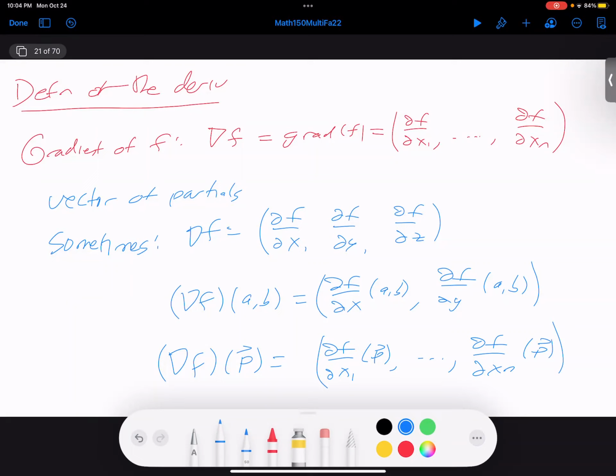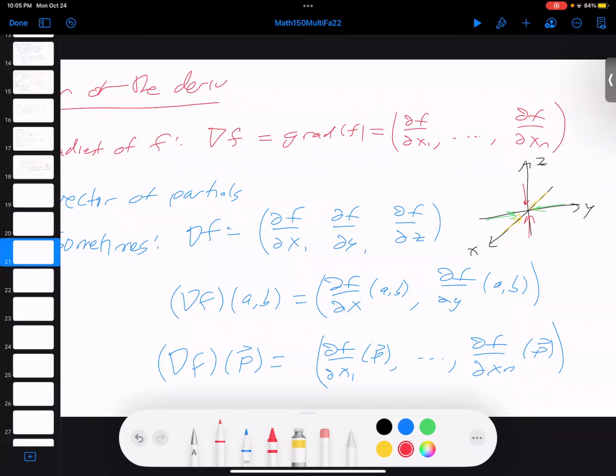Okay? So what we're doing is we're taking derivatives in very special directions. If I have my coordinate axes, so maybe this is the x-axis coming out, this is the y-axis, this is the z-axis. When I do my partial derivatives, I'm only allowing myself to move along the coordinate axes. So this is extremely special.